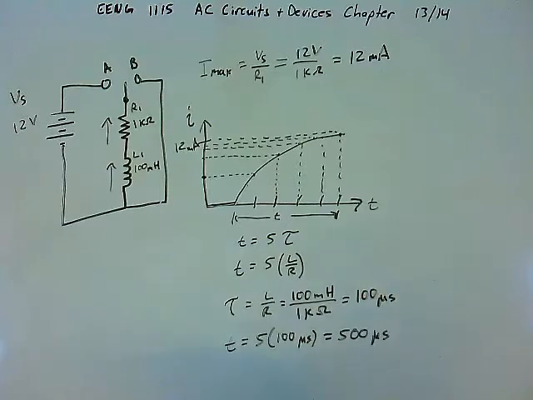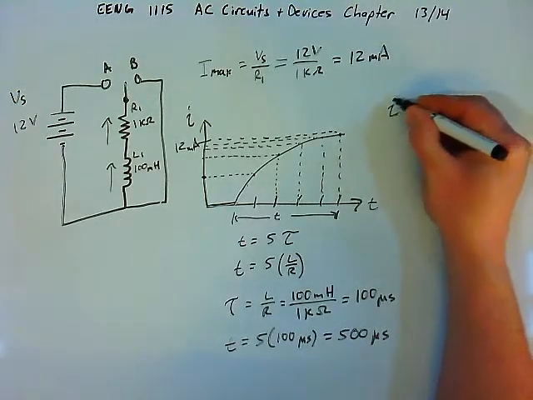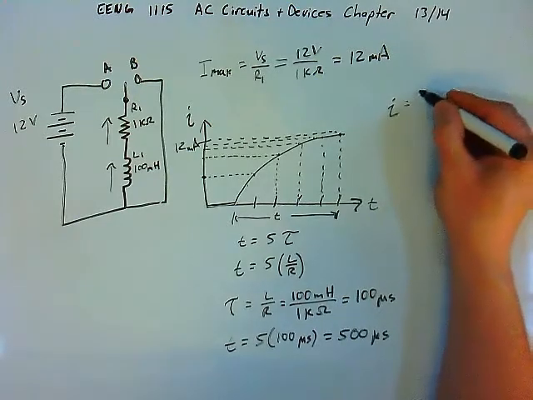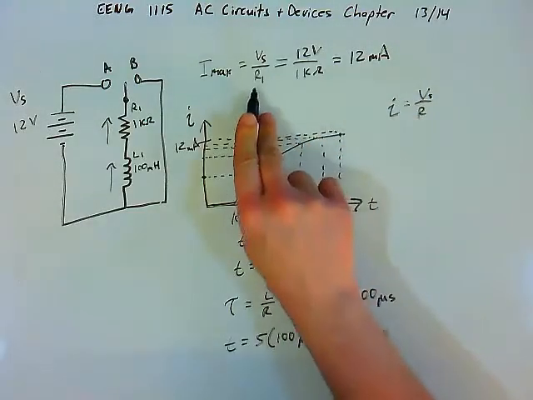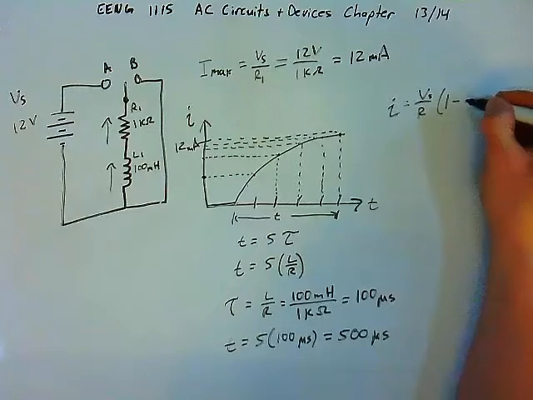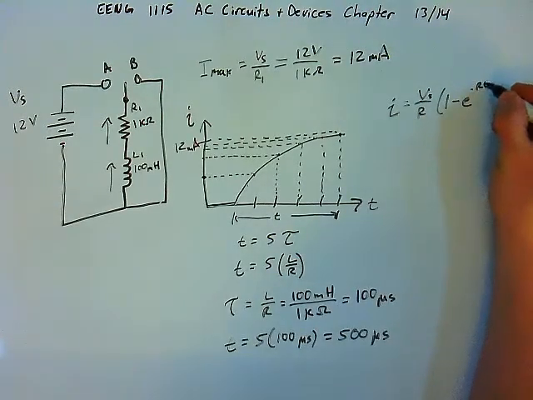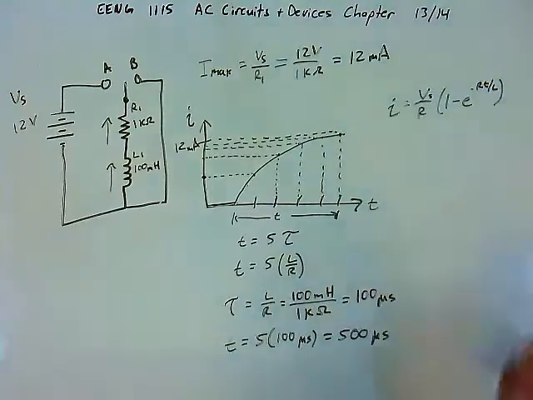And so we saw a formula, again, last semester in DC circuits, that says that the instantaneous current flowing in the circuit is equal to Vs over R, which is the maximum amount of current that can flow, times 1 minus e, which is Euler's number, to the negative Rt over L power.